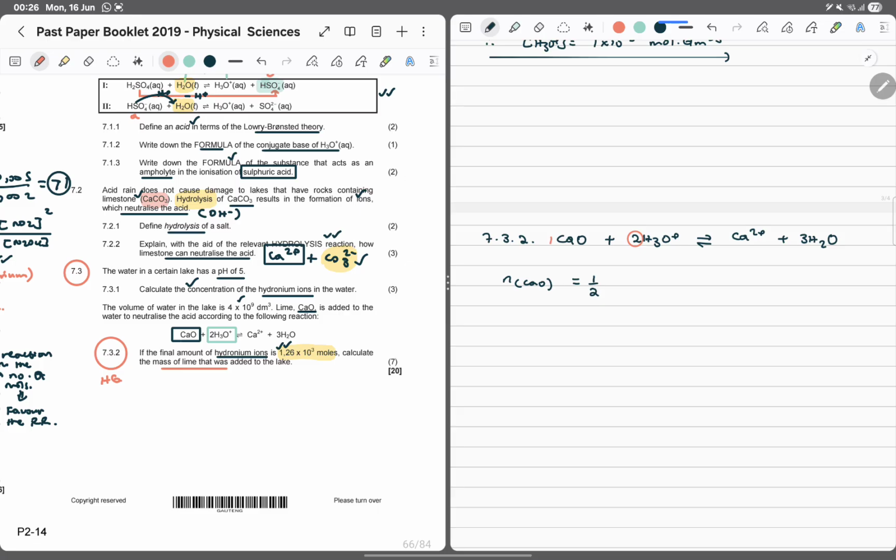In the exam, you should be already at this level where you can just look at the chemical equations and know exactly what to do. So what is this? It's going to be half the number of moles of H3O+ that reacted. Simple. Right. So in fact we can even write "reacted" here, because these are the ones that reacted.